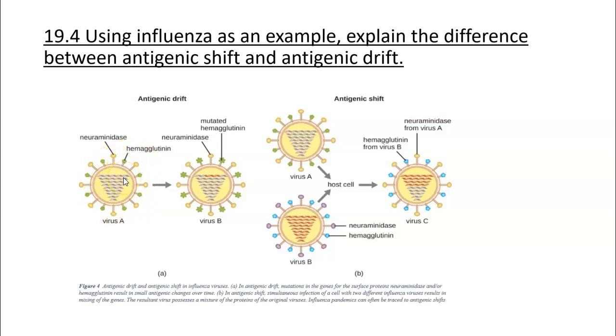What happens is, as the virus copies itself, mutations can happen. Because we said that when you copy DNA or RNA, you can get some naturally forming mutations. And so every time that virus multiplies, you have the possibility of a mutation happening. And some mutations might actually change the spikes.